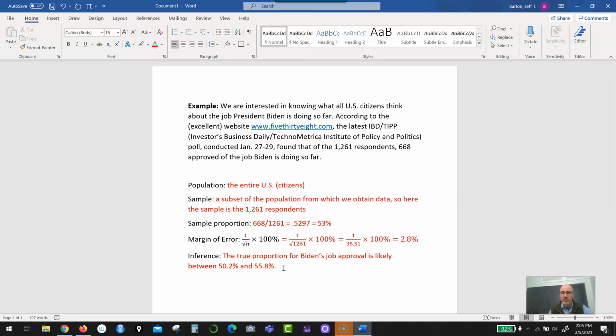So we're not just saying what happened in the sample or some particular data set. We're saying what we think we can conclude based on that data set. So here we have an inference about the true job approval, and we think it's probably above 50%, but no higher than about 56%. And that will conclude this example.